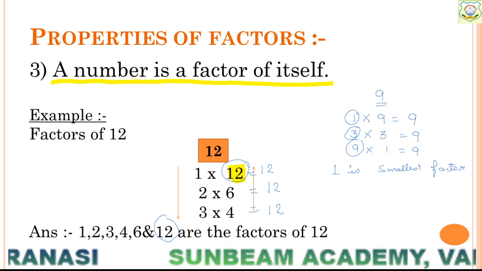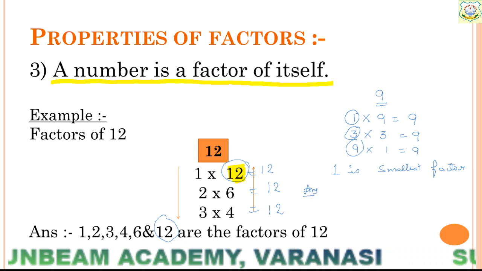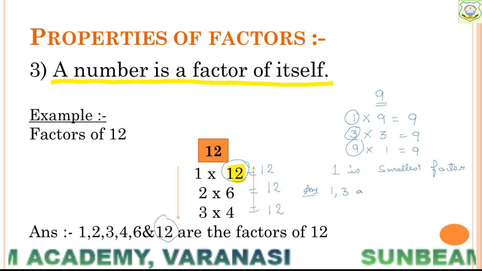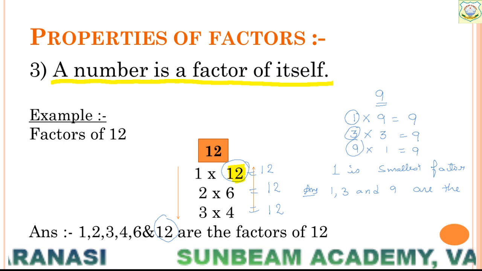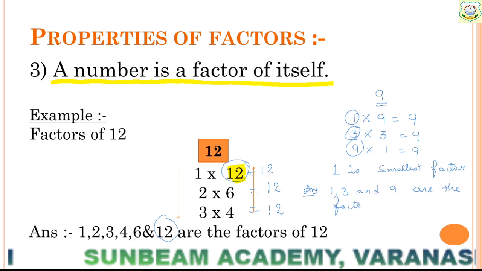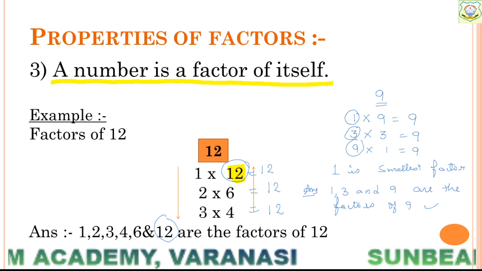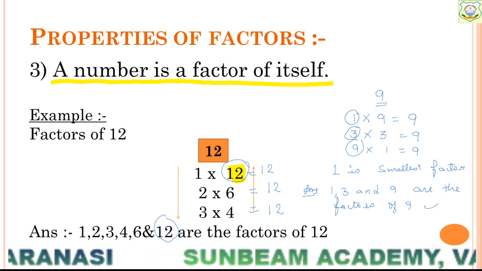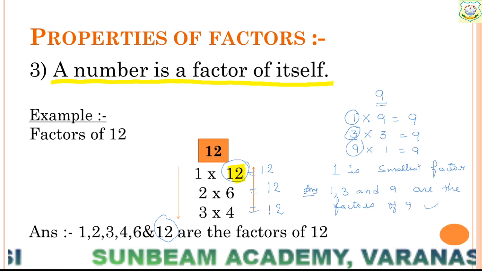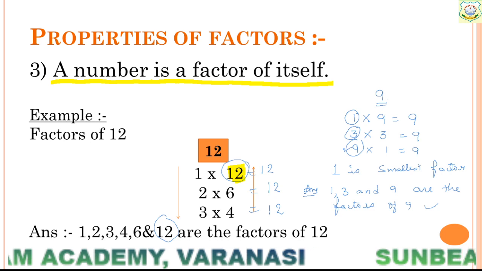Okay. And what are the factors? Let me write the answer first. Answer: 1, 3 and 9 are the factors of 9. This is the answer, right? Now, if I am talking about a number being a factor of itself, always remember that the number in the question you are solving will be a factor.